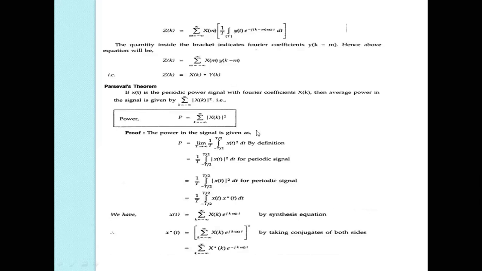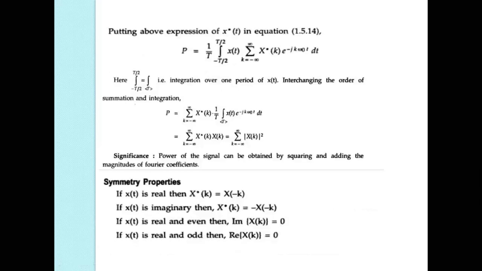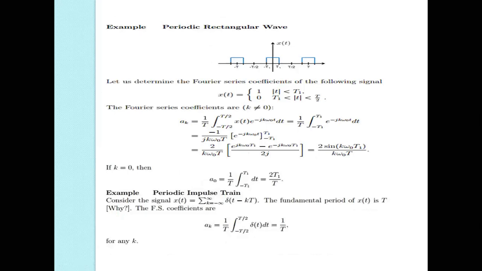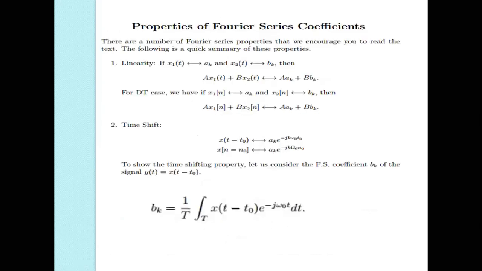And the last two are Parseval's theorem and the symmetry properties. Totally, nine properties are there in the Fourier series. We learned them, my dear students, they are very important. By using these properties, you can go on to solve examples with graphical representations, such as the periodic exponential pulse and another example, the periodic rectangular wave.